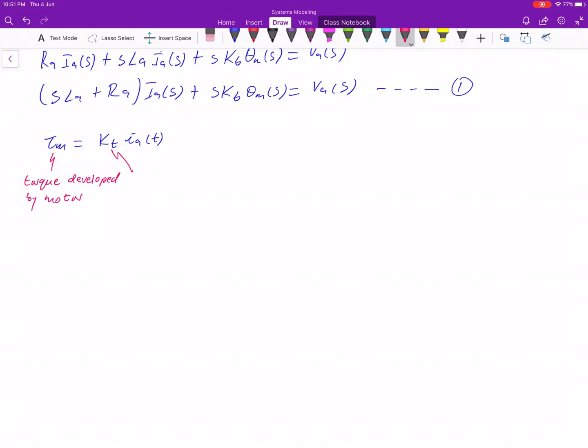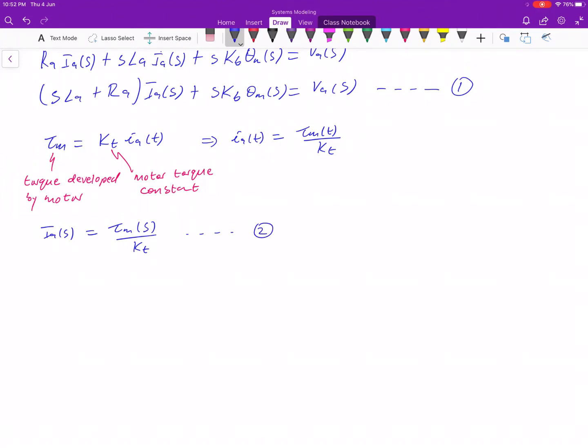So we can just say this is the motor torque constant and I is the current. So now it means that we have our current is equal to our torque over KT, because we say that the torque is proportional to the armature current. And we can take the Laplace transform of that, and we will have I(s) is equal to our applied torque over KT. Let's call this equation 2.